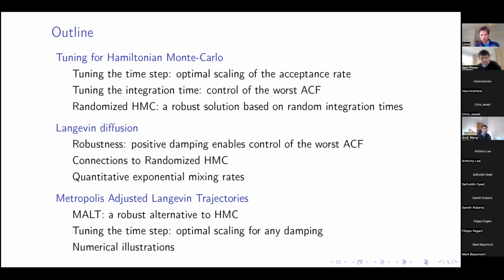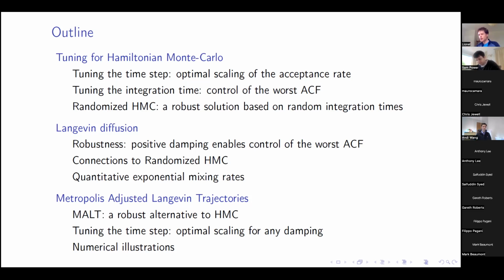So here, randomized HMC refers to random choice of integration time at each iteration in HMC, and we are going to draw some parallels, connect the two approaches to continuous time processes, and discuss a bit about theoretical guarantees that are measured by quantitative exponential mixing rates.